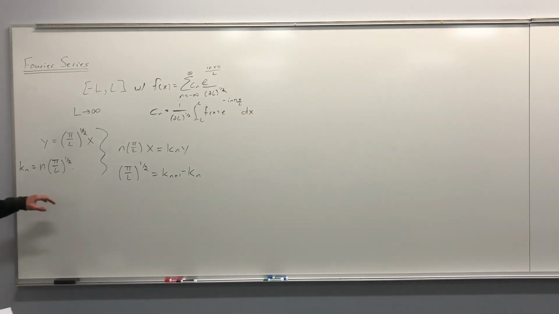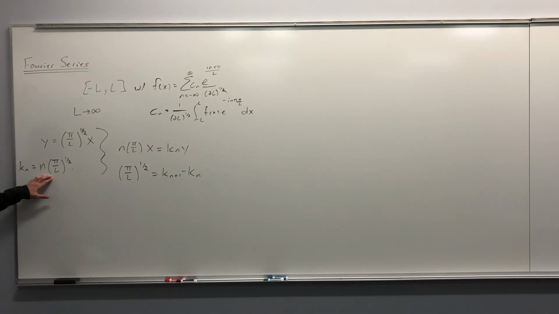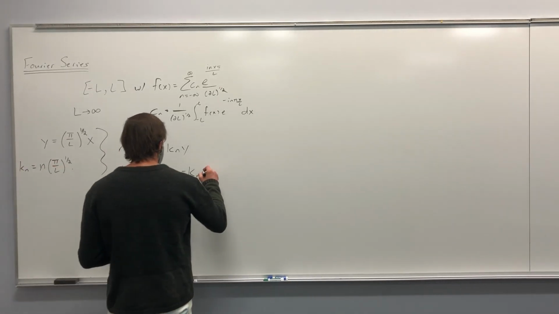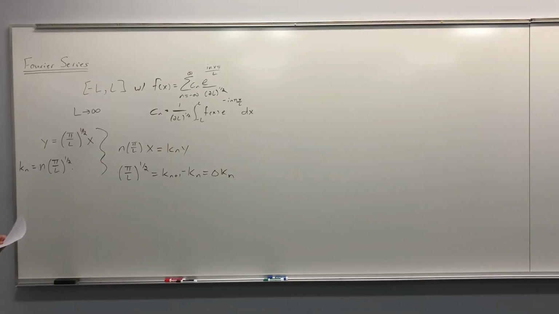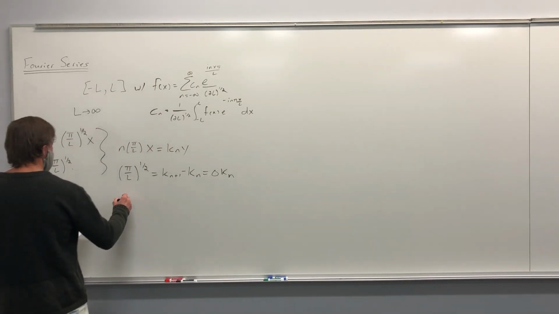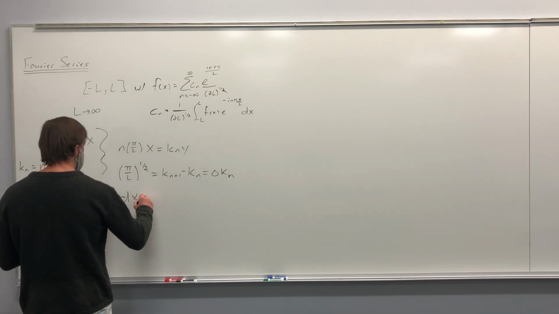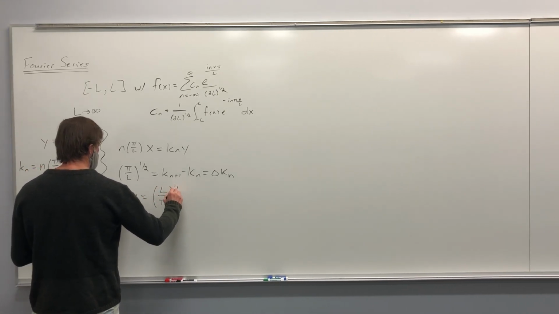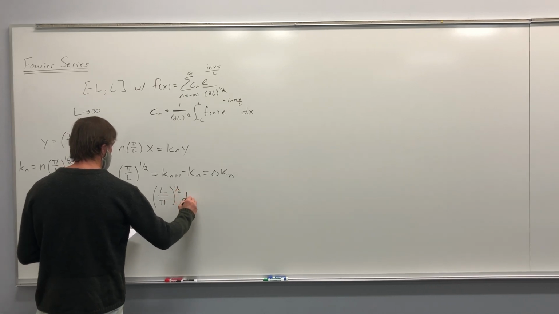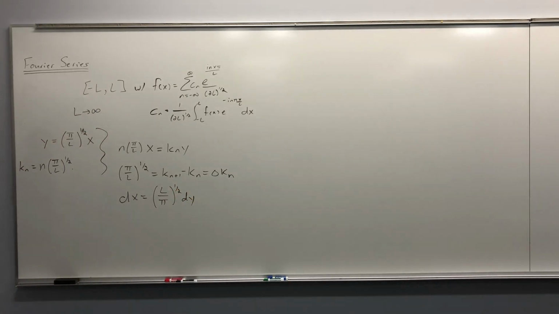Does that make sense? And so we can call this thing delta Kn. And then we can say that dx is L over pi to the 1/2 dy.